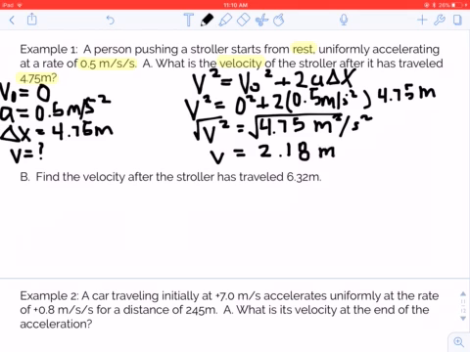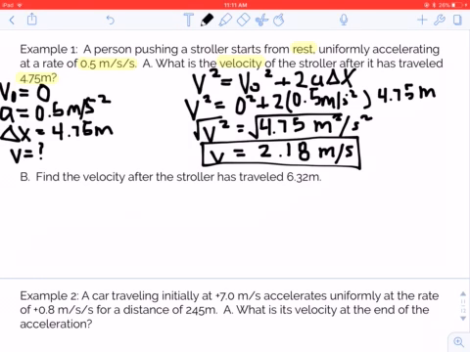Square root of 1 over seconds squared, I get seconds. So the final velocity of the stroller, I have 2.18 meters per second. Okay, so not too unreasonable for a walking velocity.